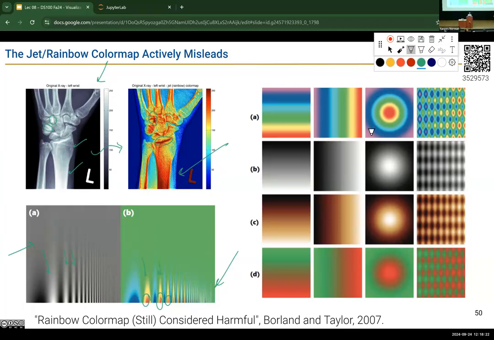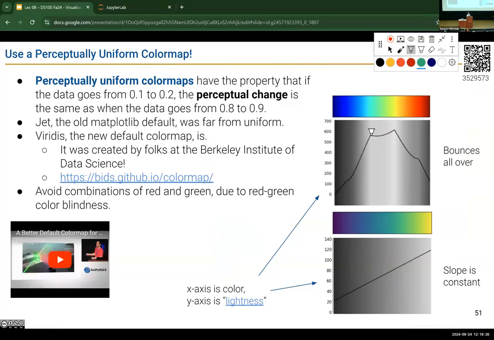The concept that we're trying to use here to figure out why that's problematic is the concept of a color map being perceptually uniform. What that means is that if we take a look at the lightness of a color map, across the range of colors in that color map, and we take a look at the delta in the lightness, we want to make sure that the distribution is uniform.